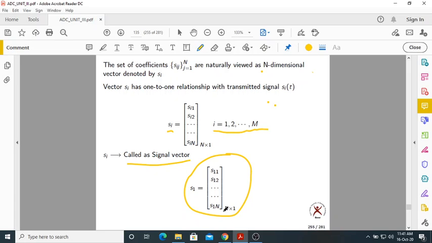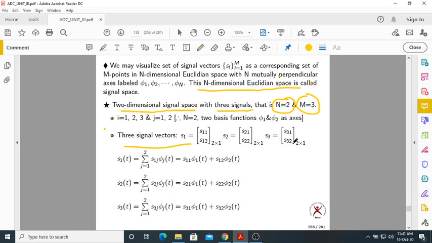That's it. What is S2? S21, S22. What is S3? S31, S32. These are the 3 signal vectors. Please pay your attention to these signal vectors. Correct? Okay.